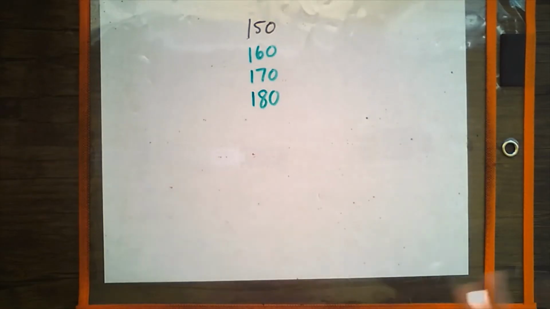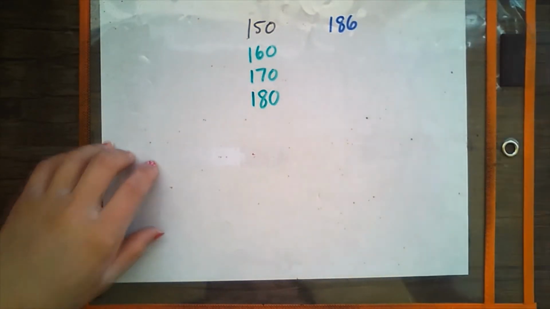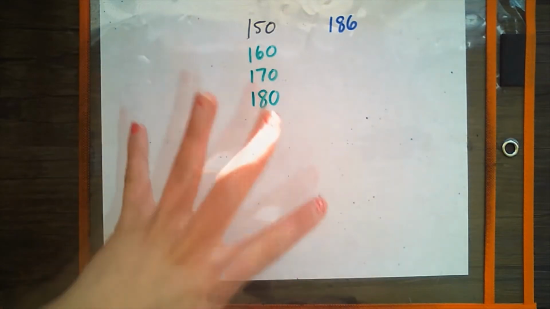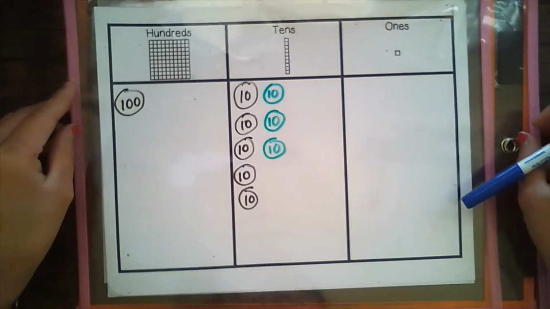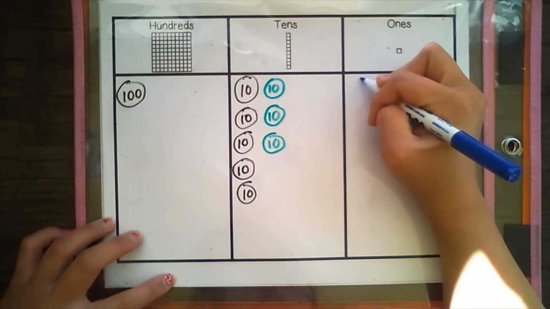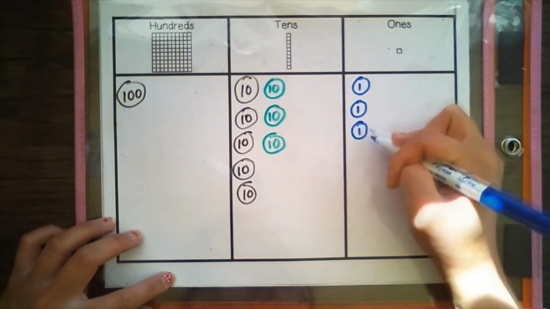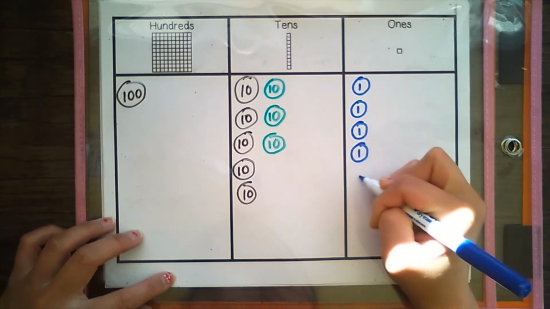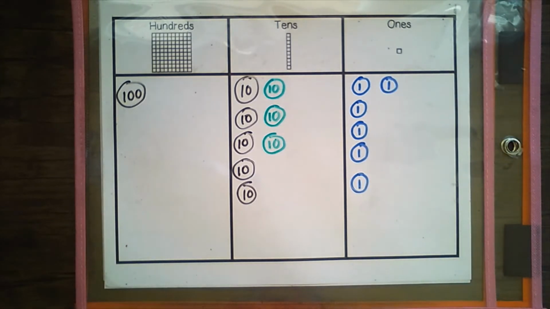We've worked with our tens. Now we're going to count by ones to show 186, okay? So take a look. We're going to count by ones to show 186. So we're at 180, 181, 182, 183, 184, 185, 186.